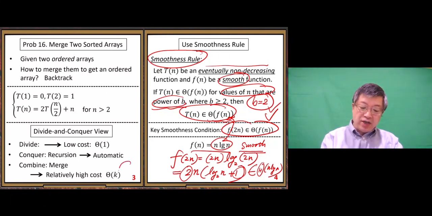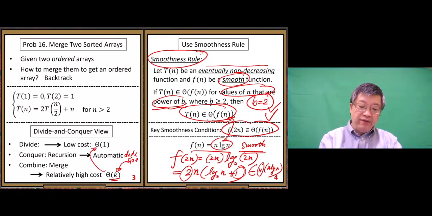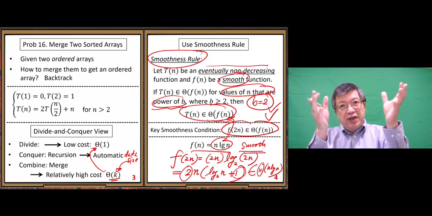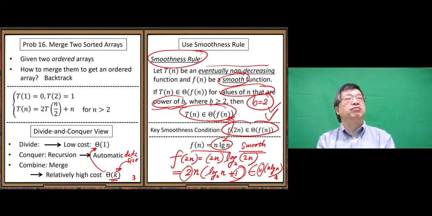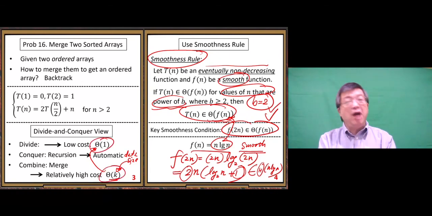Suppose K is your data size, then the cost is big theta of K. That is a relatively high cost compared with the low big theta of 1 of the divide step. You cannot make both steps low cost; it's a trade-off.